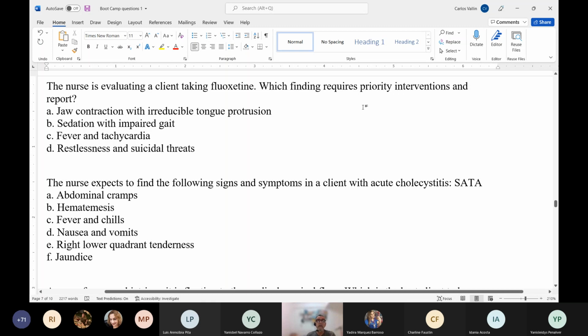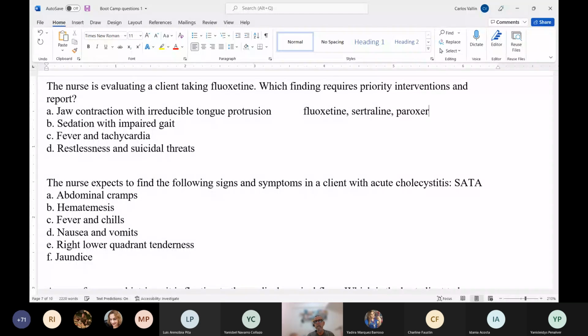So you need to differentiate quetiapine, risperidone, clozapine, haloperidol, aripiprazole, etc., that are antipsychotic medication, from fluoxetine, sertraline, paroxetine, citalopram, that are the most common SSRIs used for depression that could have a relation with suicidal threat.